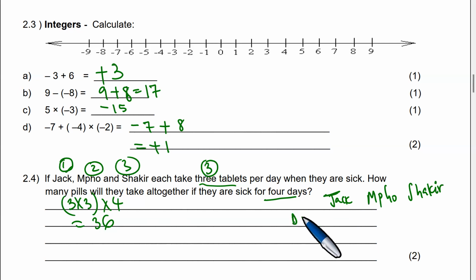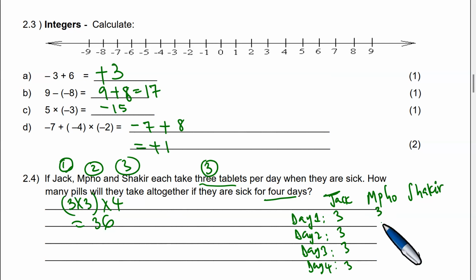So there is day 1, for 4 days when they are sick. So Jack, for 4 days, per day. In other words, what is going to happen here is the following. Day 1 is going to take 3. Day 2, 3. Day 3, 3. And day 4, 3 pills.